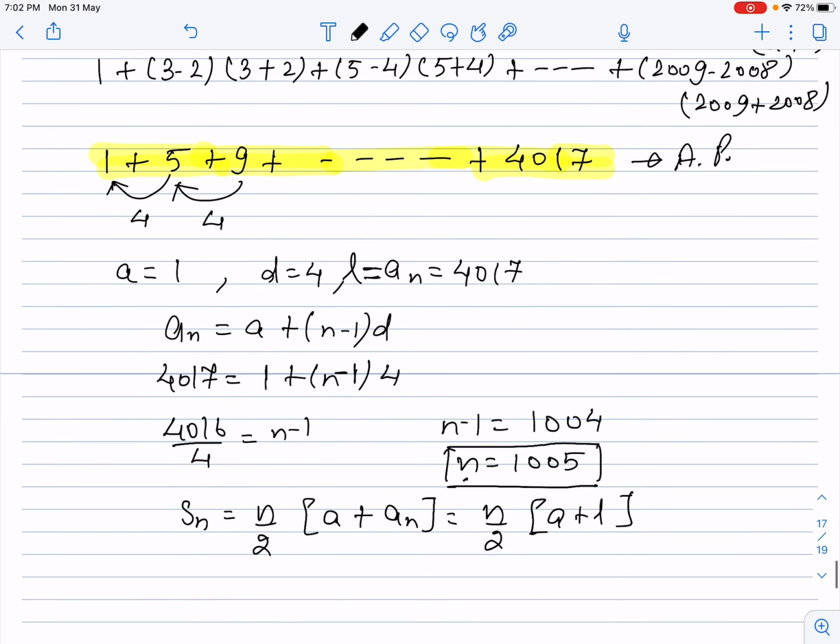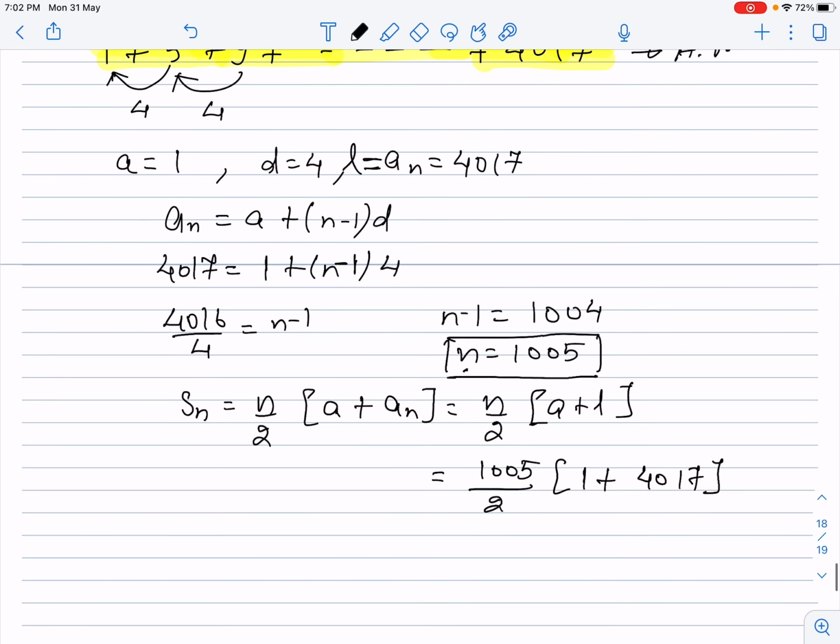So what will be written? n is 1005 that we know, divided by 2, multiplied by a, which is 1, plus l, which is 4017. So 4018 will be achieved. So 1005 will be remaining, multiplied by 4018 divided by 2. Till here, hope you guys would have understood it.